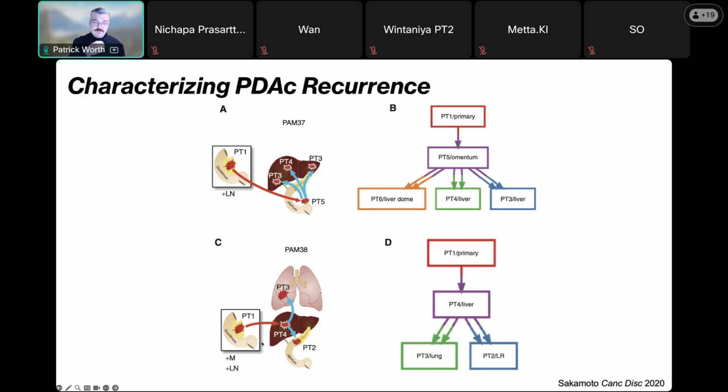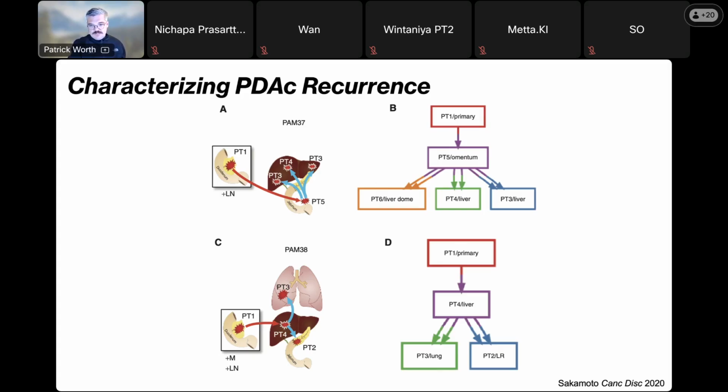And so you can have lesions that metastasize from a liver metastasis to the lung, or a lung to pancreas. And I think, again, this reflects really the nonlinear nature of metastasis in pancreatic cancer, and how we need to think about both designing studies and treating and intercepting this disease.